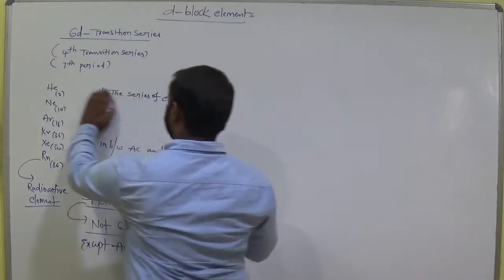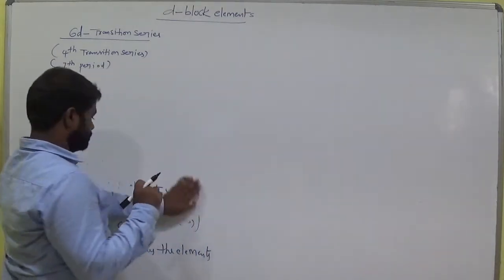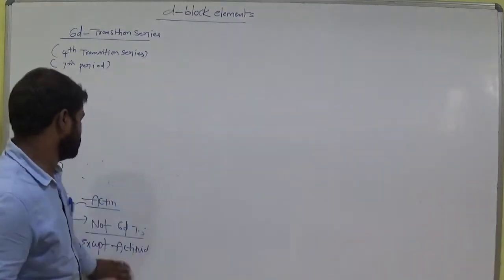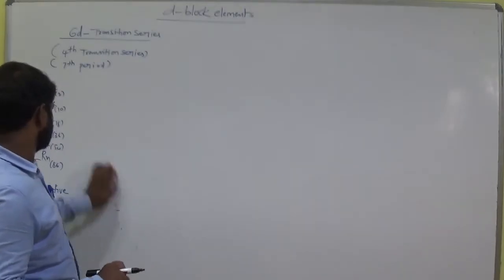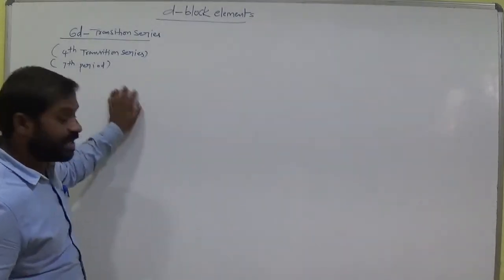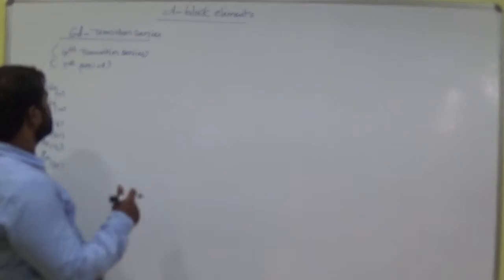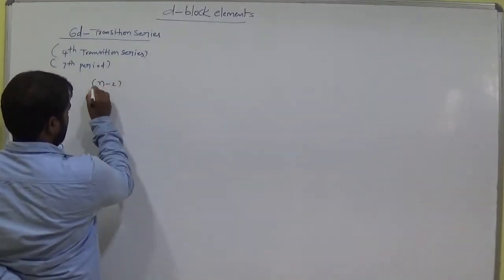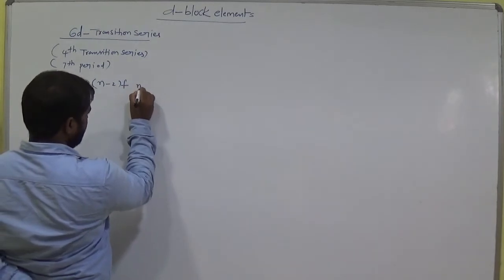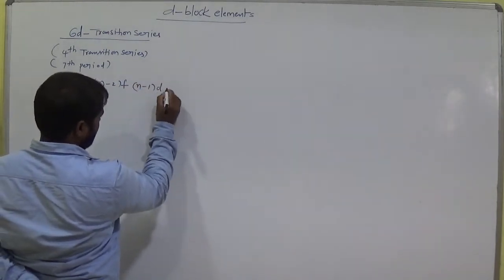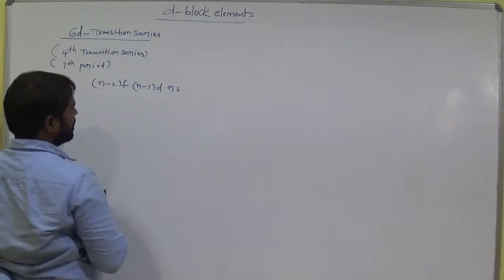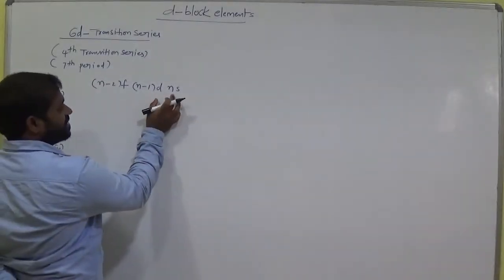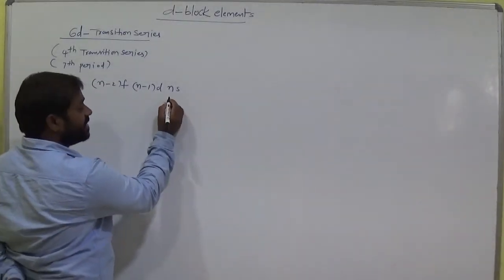Now, the electronic configuration of 6d transition elements. How do we write the electronic configuration of the 6d transition series? We have to follow this order: n-2 f, n-1 d, and ns. 6d means the seventh period, so the n value is 7.